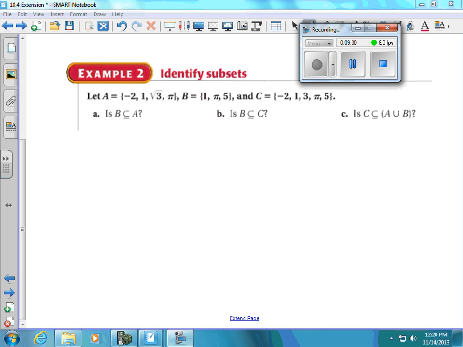B has 1. Does A have 1 in it? Check. B has pi. Does A have pi in it? A does not. So our answer, we can stop right there. The answer is no. Pi is not in A.